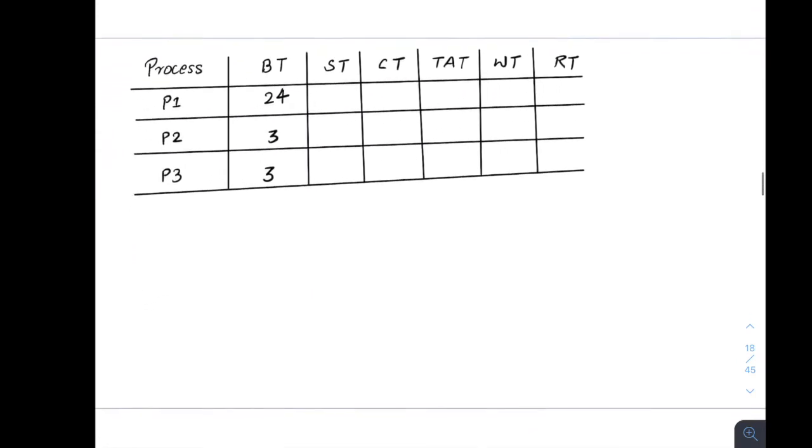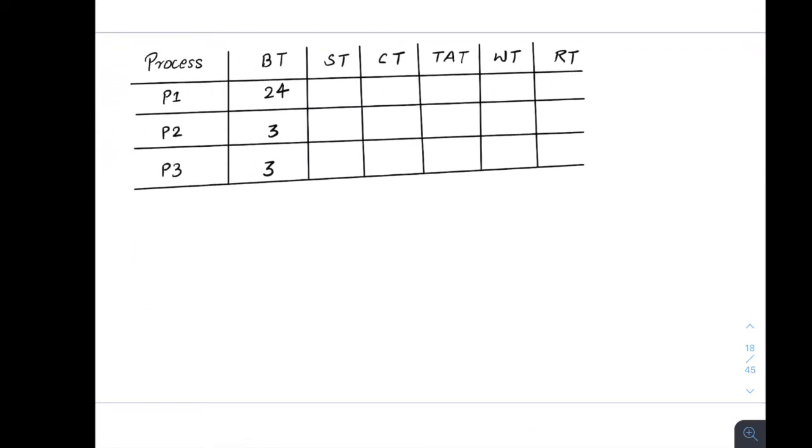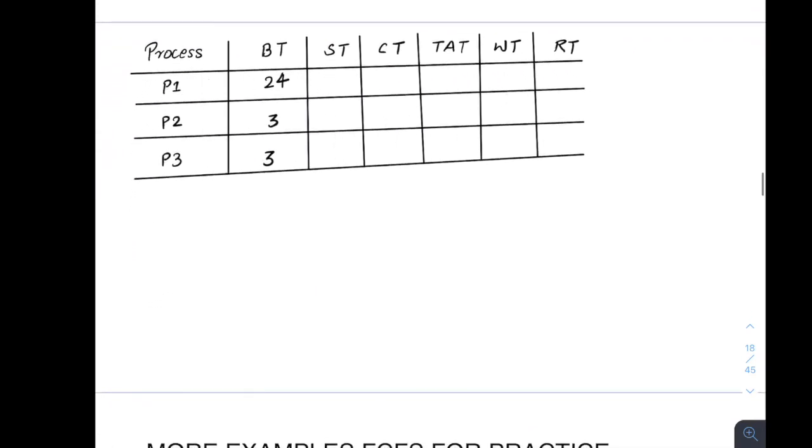Let's understand this with an example. In this example, I have three processes P1, P2 and P3 and their burst times are given. Arrival time is not given here. But think of it like this: it can also be written as P1, P2, P3, with arrival time 0 for all, and burst times 24, 3, 3.